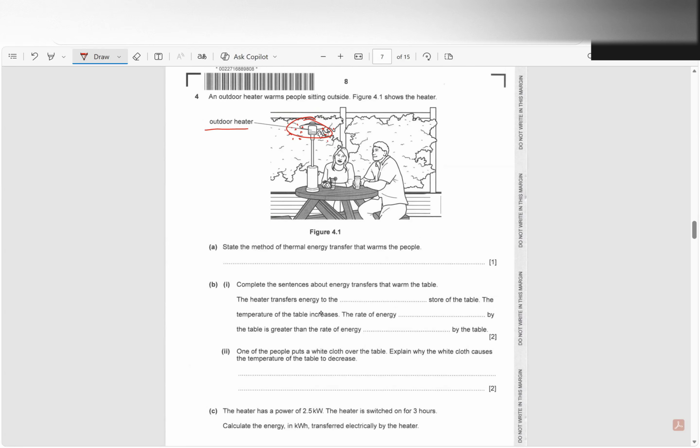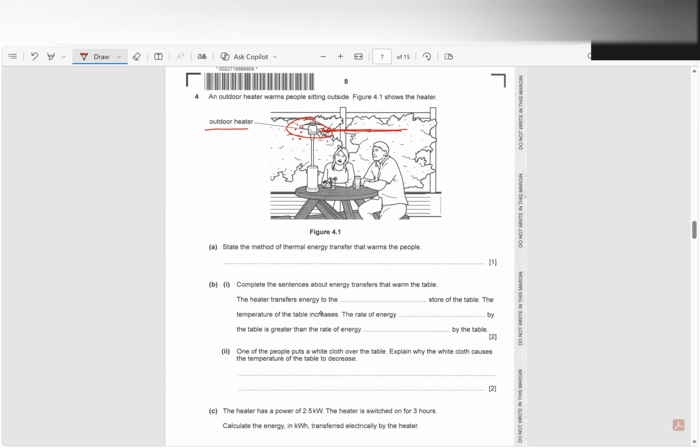Because in convection, the particles that absorb heat are not going to sink. If you can see, the heater is at some height above the people sitting. So how exactly are the people going to get the heat from the heater? Because in convection, when the particles absorb heat, they become lighter and they rise. They're not going to sink.